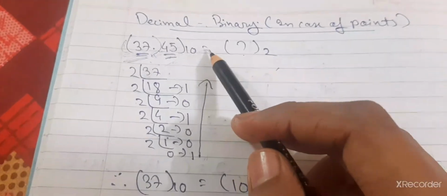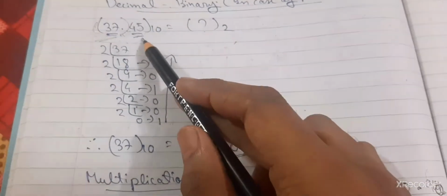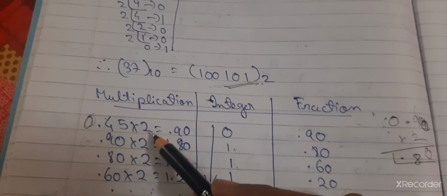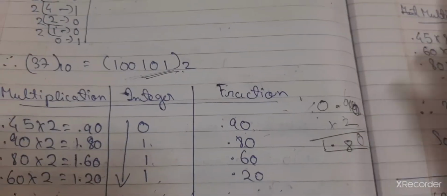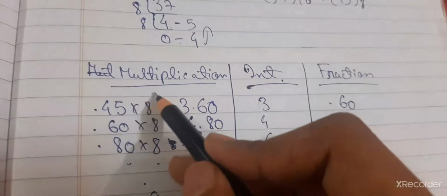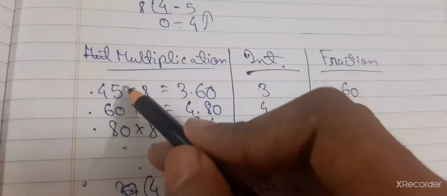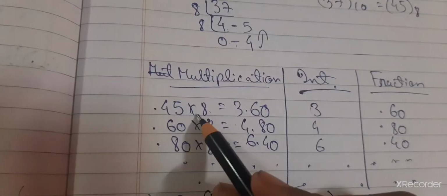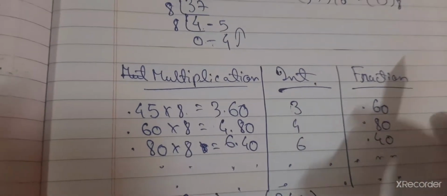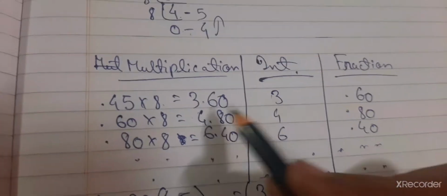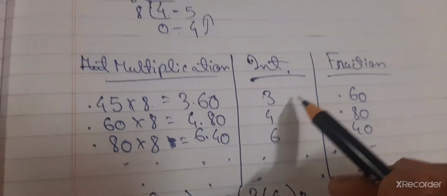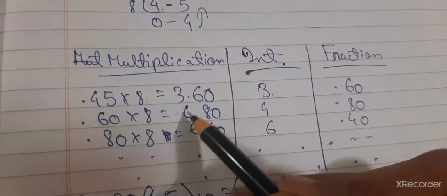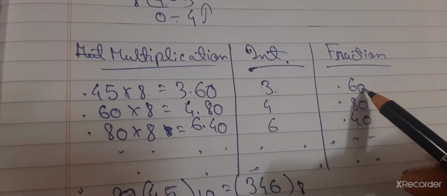Now let us work with the fraction part. As in decimal to binary, we multiplied the fraction part 0.45 by 2 and got 0.90. Here we will multiply with 8, that is the fraction part 0.45 into 8, that gives us 3.60. The 3 is the integer part. We write 3 over here in the integer section. 0.60 is the fraction part.